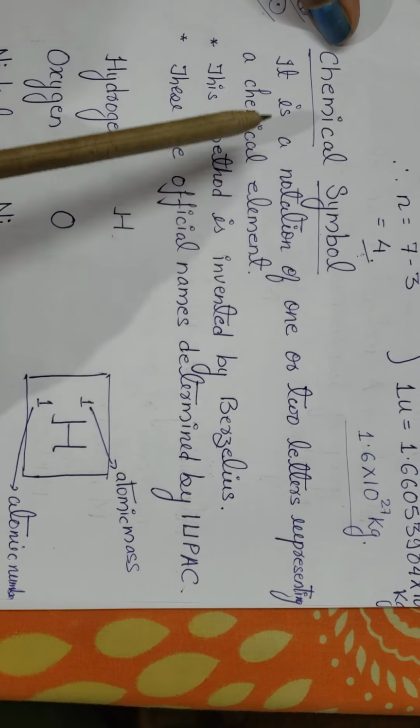For hydrogen, you know the symbol is capital H. Now if we want to show the atomic number, then at the left-hand side of the letter, that is the chemical symbol, at the base the atomic number is written, and at the top the atomic mass is written.